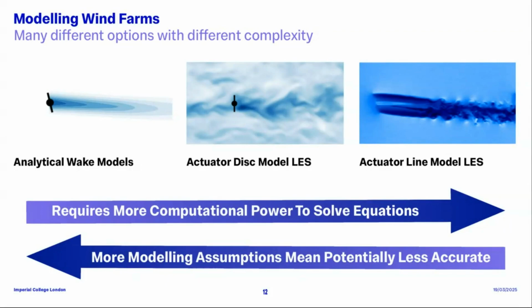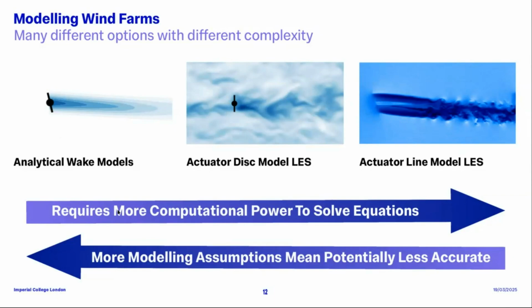And so when we're modeling these wind farms, we have this range of complexities that we can capture. I mentioned just now the actuator disk model large eddy simulations, and the actuator line model large eddy simulations that we can implement with XCompact 3D. And these are fields you might expect of the wind speed from those. We can also use analytical wake models, which give us a mean field representation of the flow behind turbines as we change the parameters.